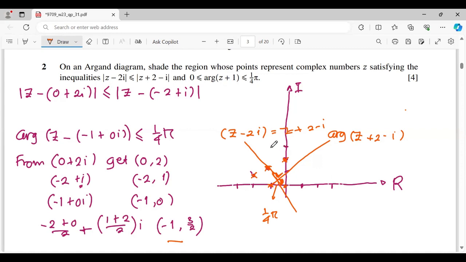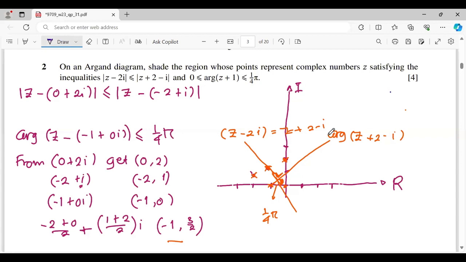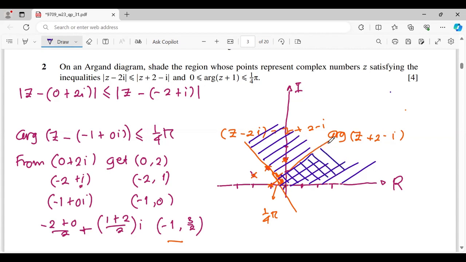Based on the rule, you have to substitute the point 0, 0 into each equation, and the result tells you whether to shade this area.